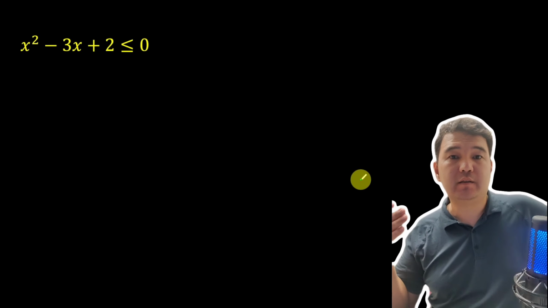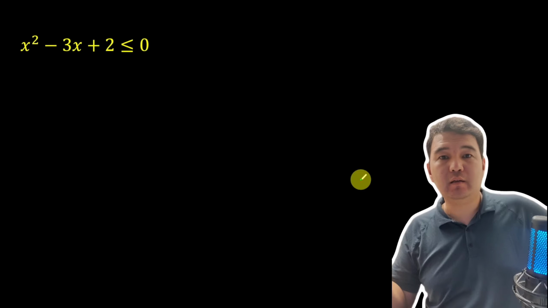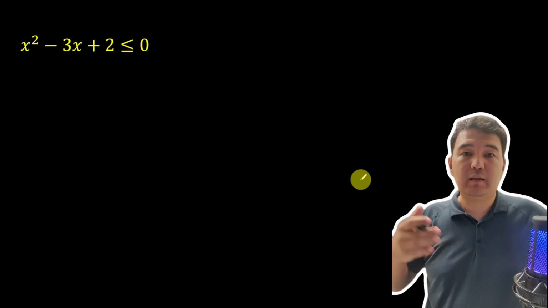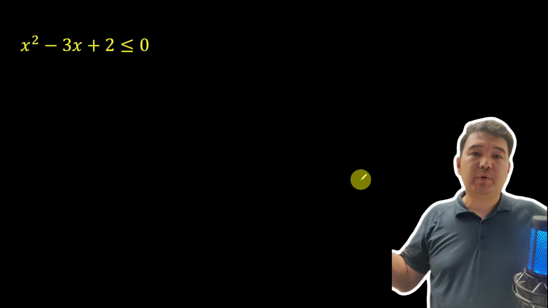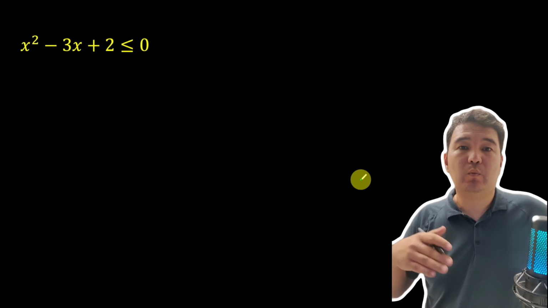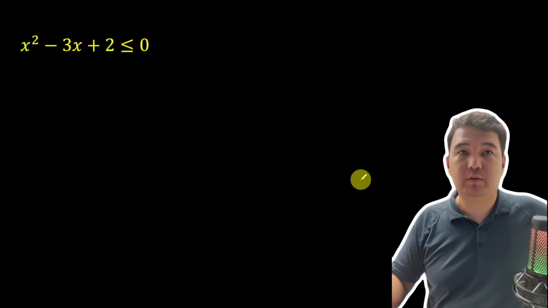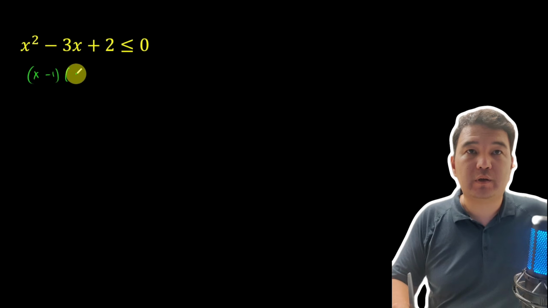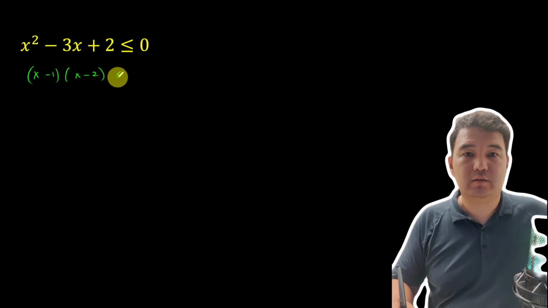If the question is not in quadratic form, you can still solve it using parabolas. You can draw the graph of this equation or find the roots, and by investigating its parabola, its graph, you can say whether it's positive or negative. So here, if you find the roots, you can factorize this as (x minus 1)(x minus 2) less than or equal to 0.